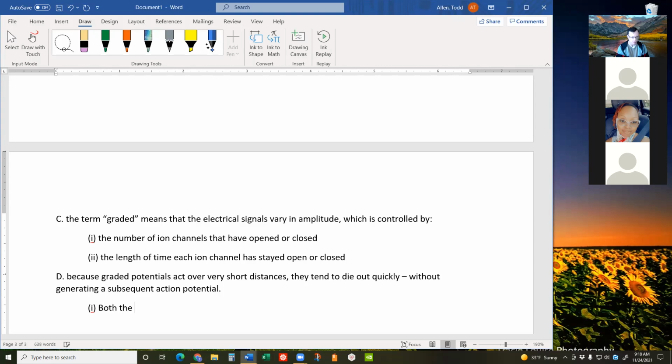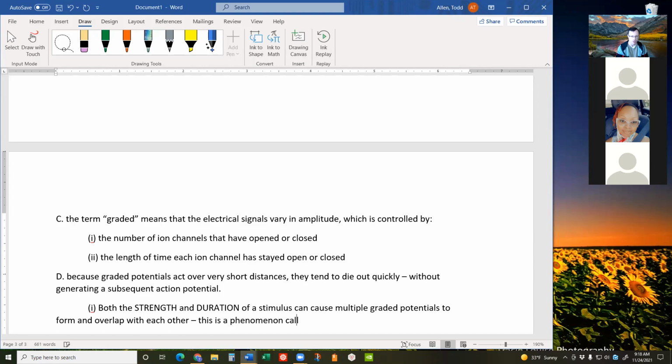Both the strength and duration of a stimulus can cause multiple graded potentials to form and overlap with each other. This is a phenomenon called summation.